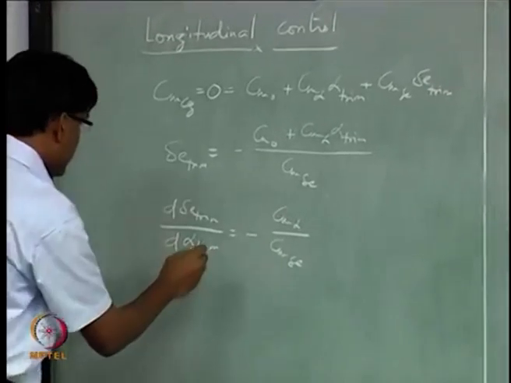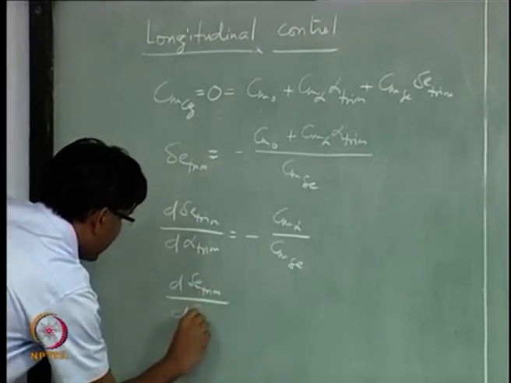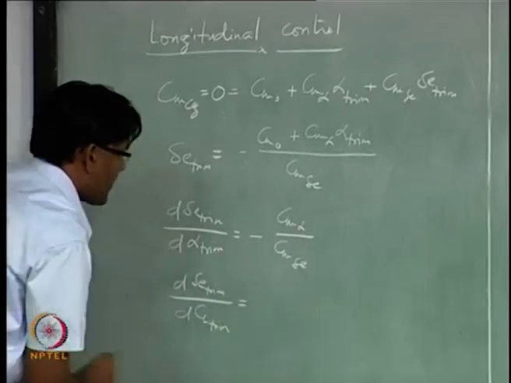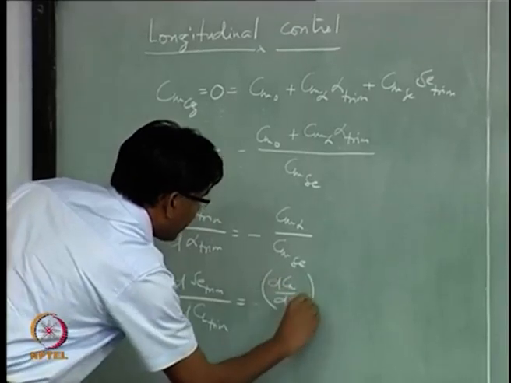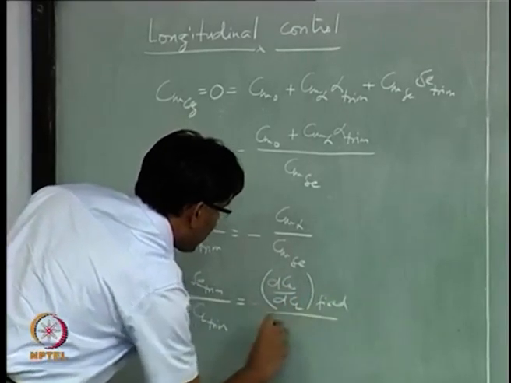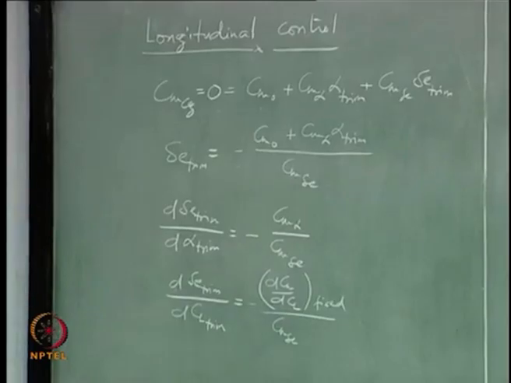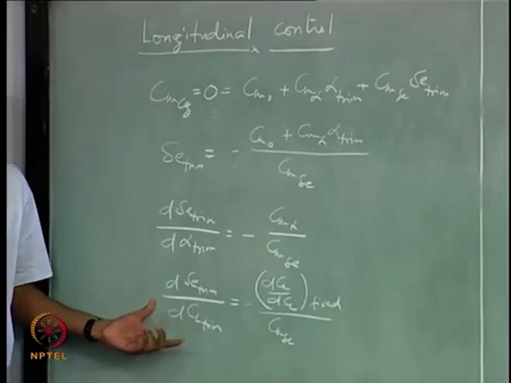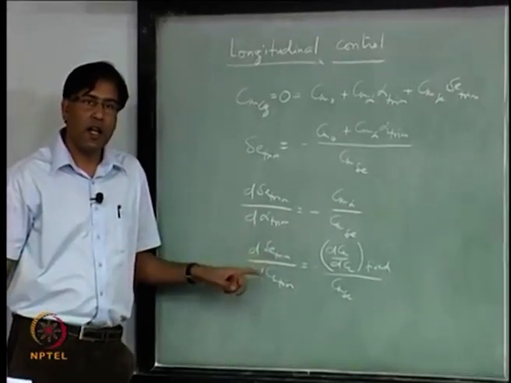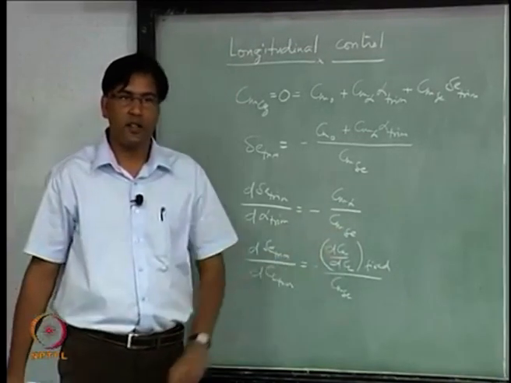You can write this expression also as, so clearly you see here that to get a change in CL trim you need to deflect elevator, and that is going to depend upon this quantity, isn't it.